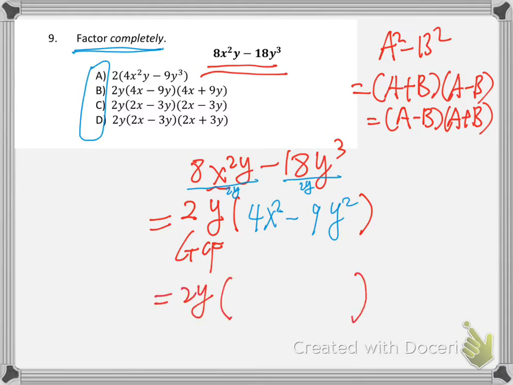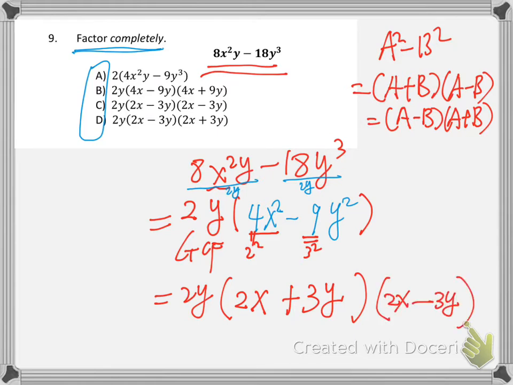A and b are the base of the square. What is square? 4 is 2 squared, so base 2. This is x squared, so base x. Plus 9 is 3 squared, so base 3, y squared, base y. So it's 2x plus 3y and 2x minus 3y.